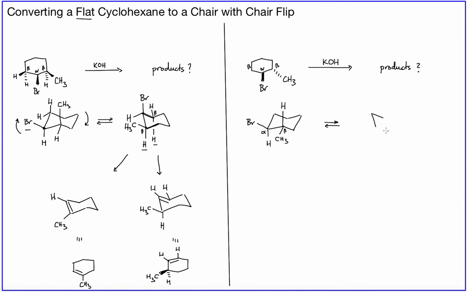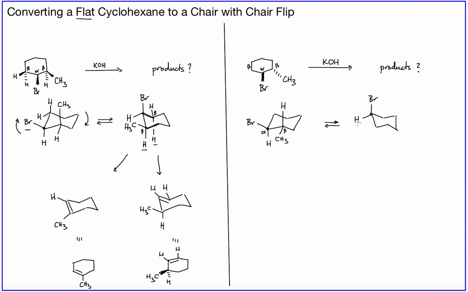So we've drawn our V shape, we draw our parallel lines here, and then we end with another V shape. So here's our chair flip cyclohexane. I'm going to dot in, this is the alpha carbon. The bromine's equatorial. This carbon's up, so now the bromine's going to be axial.